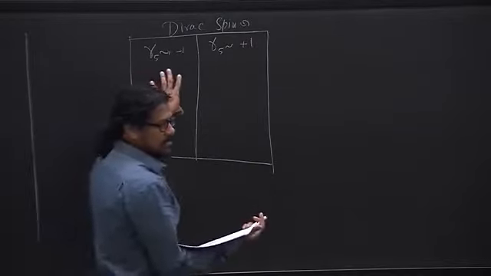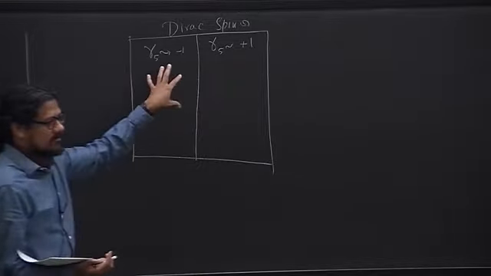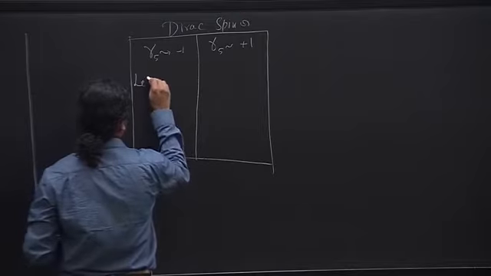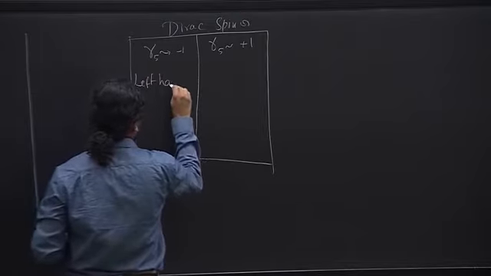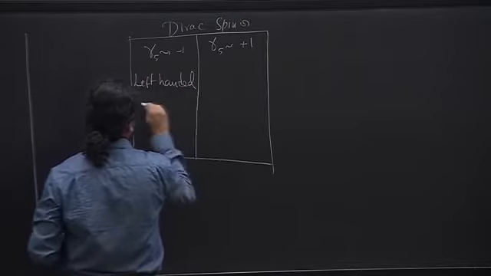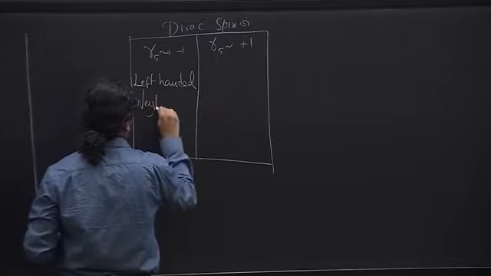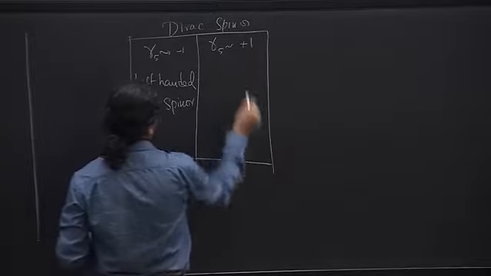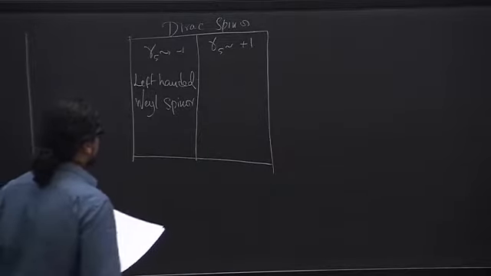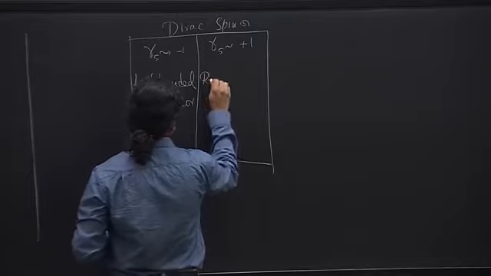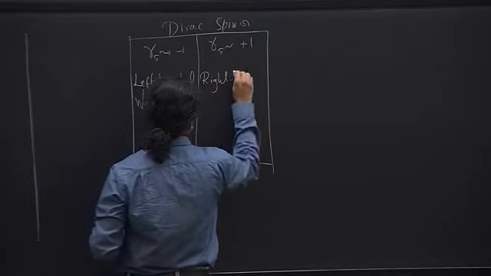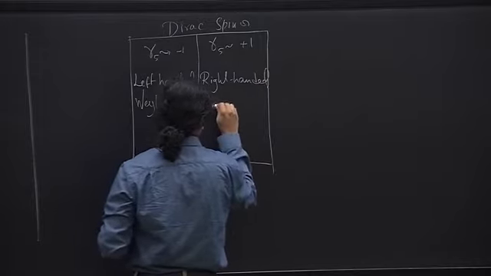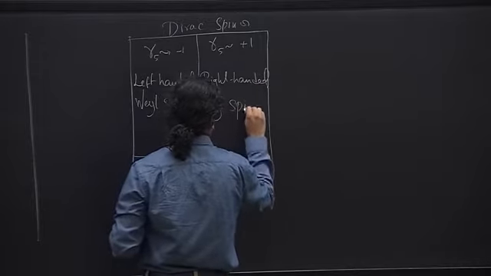And the subspace which corresponds to the gamma 5 eigenvalue of -1 is what we are going to call a left-handed Weyl spinor space, and the subspace with the gamma 5 eigenvalue +1 is a right-handed Weyl spinor space.